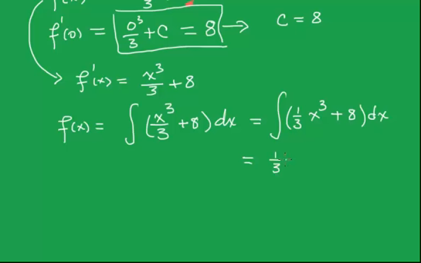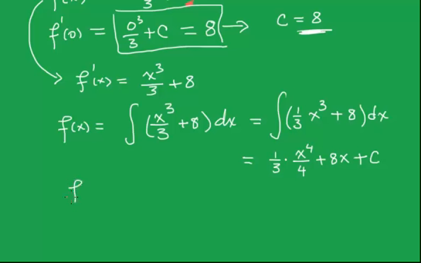And then the antiderivative of x cubed is x to the power of 4 over 4. And then plus the antiderivative of 8 is 8x. And of course, I have a new constant of integration. This c has nothing to do with the c that we had before. It's a new constant of integration.